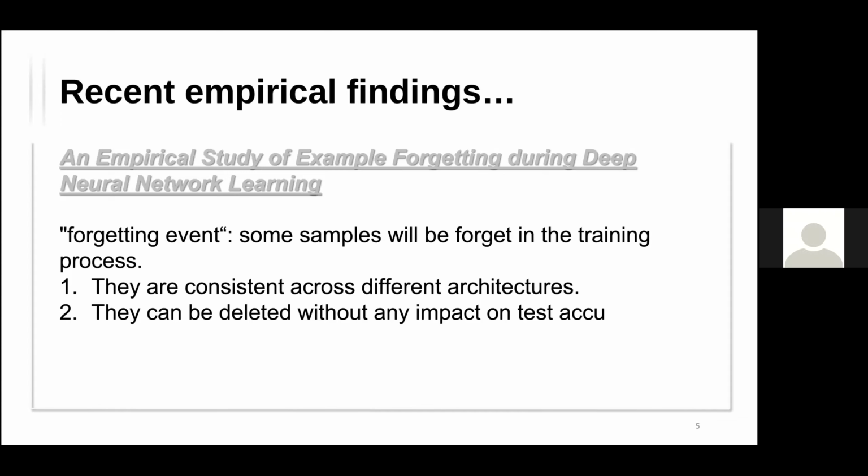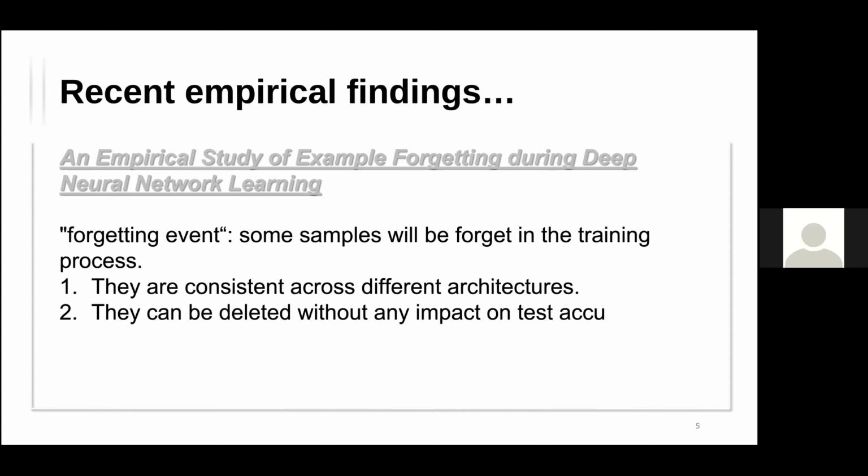They have two findings. The first one is that those forgetting samples are consistent across different architectures. That means, for example, you use the CIFAR10 dataset and you train it over VGG16, ResNet18, ResNet34 or other architectures. However, those forgetting samples are consistent. So it basically means that it's the nature of the dataset instead of the nature of the architecture.